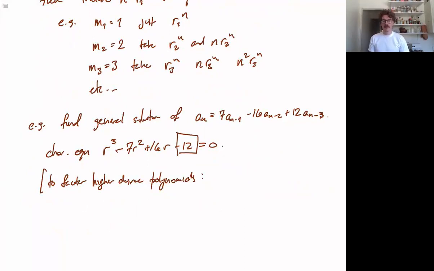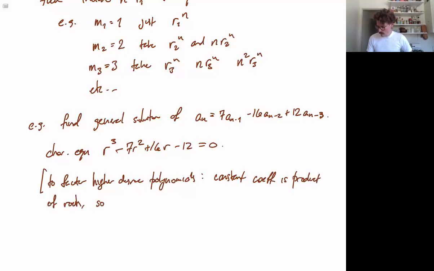So this is what you get when you multiply all the roots together. So in this case, we know that the roots all multiplied together is equal to 12. So the constant coefficient is the product of the roots. So test factors to find the roots.